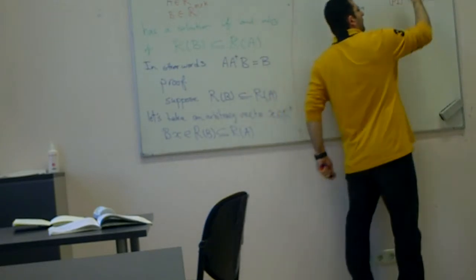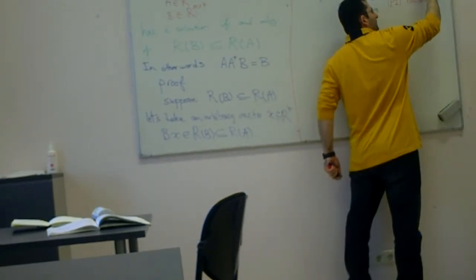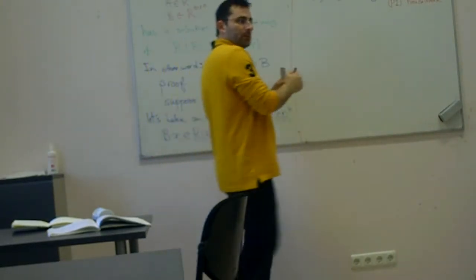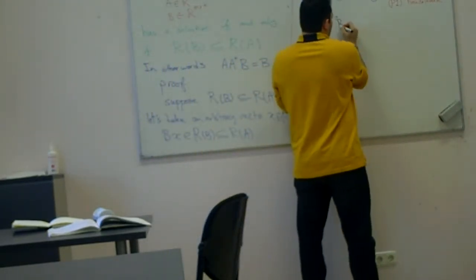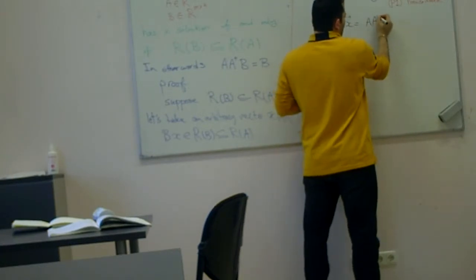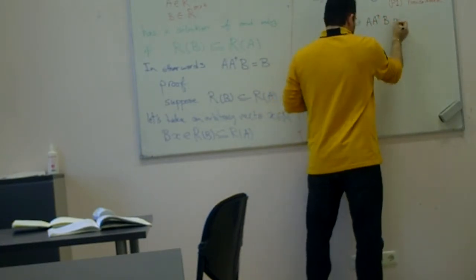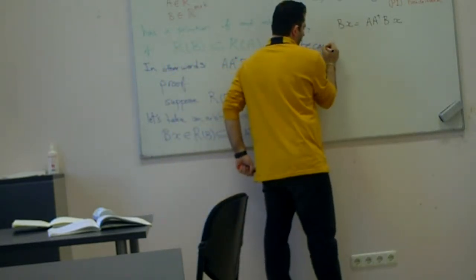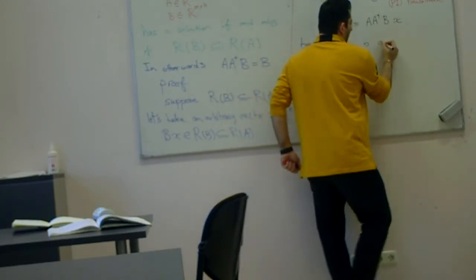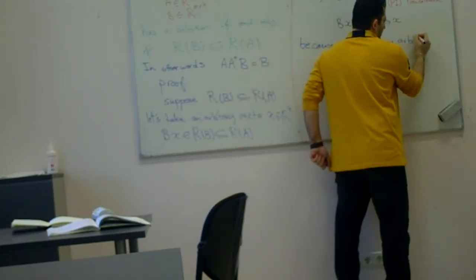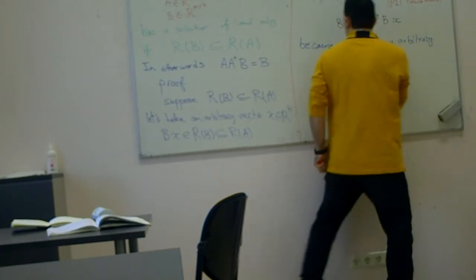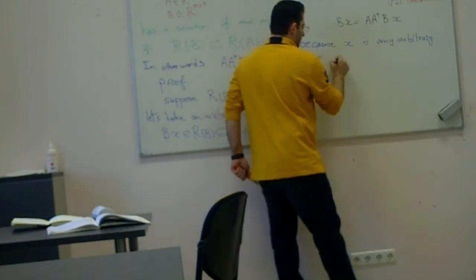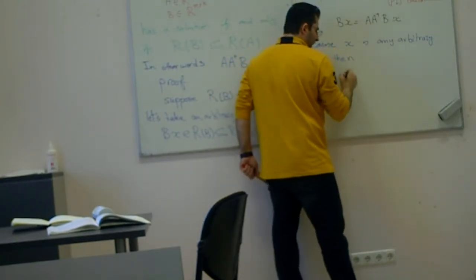Now, what is this? It's Bx. So I can write Bx is equal to A plus Bx. Because x is any arbitrary vector, it can be an identity vector, then what do we get as a conclusion?